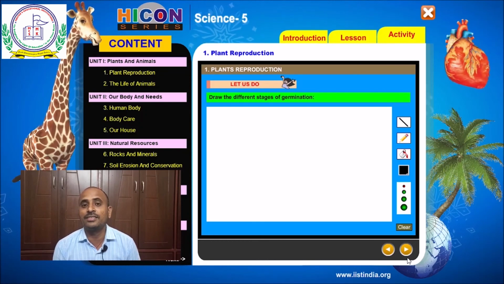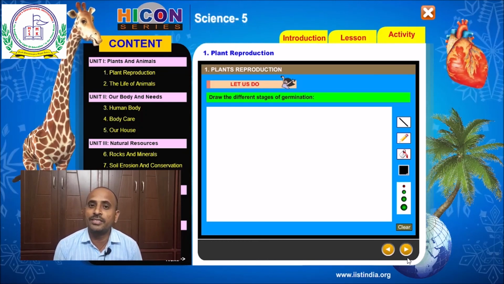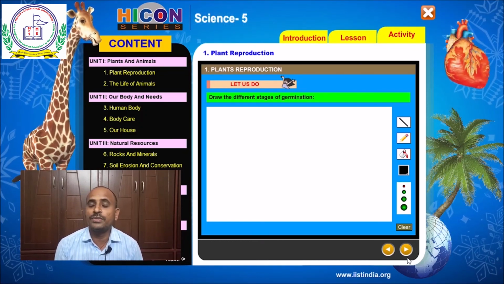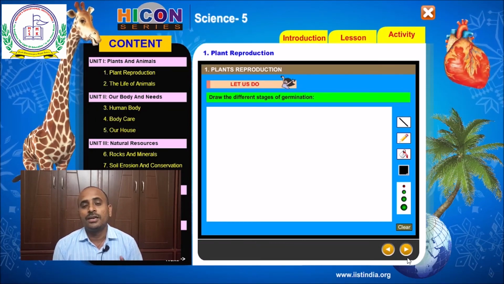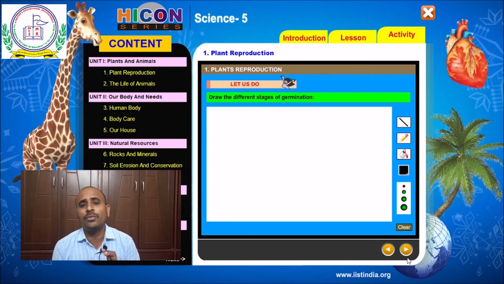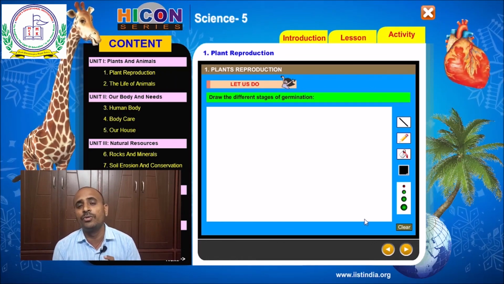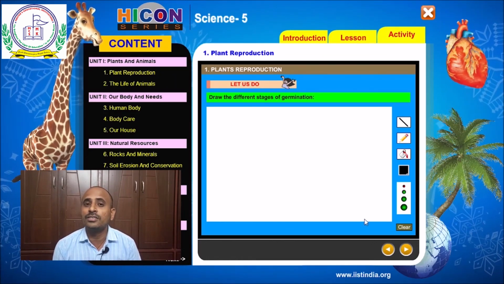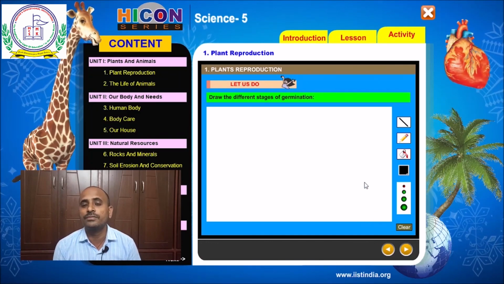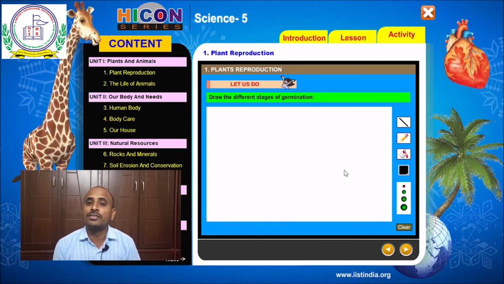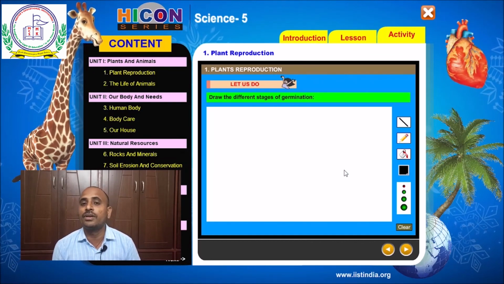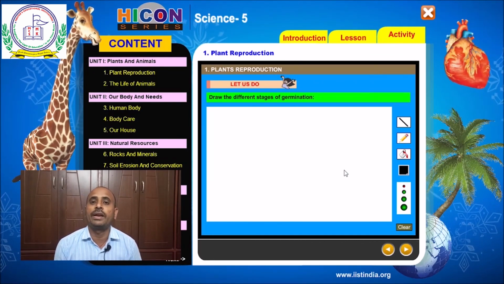That is the second stage, and after some days the roots develop and go deep into the earth. In the fourth stage, the hard cover of the seed is removed, and the cotyledons are converted into leaves. After some days, it becomes an adult plant.